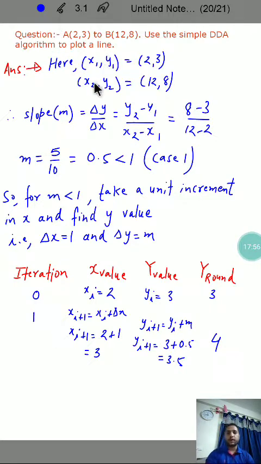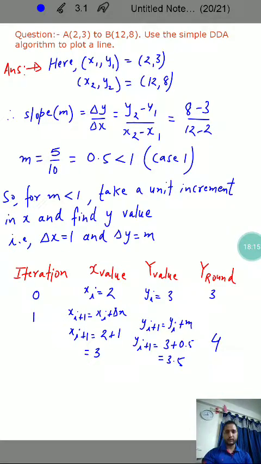In this question, this is x1, y1, that is the starting point. The coordinates of the starting point are given to us, that is 2, 3, and the coordinates of the ending point, x2, y2, are 12, 8.